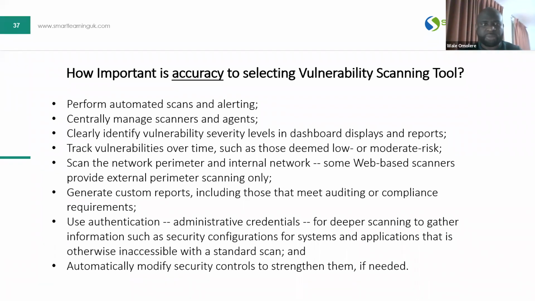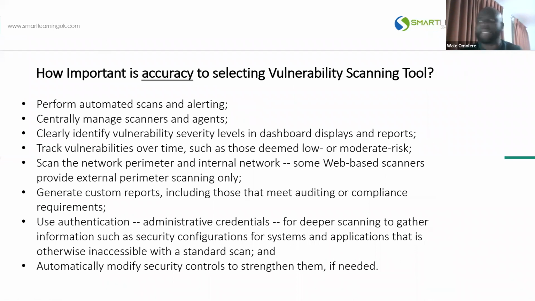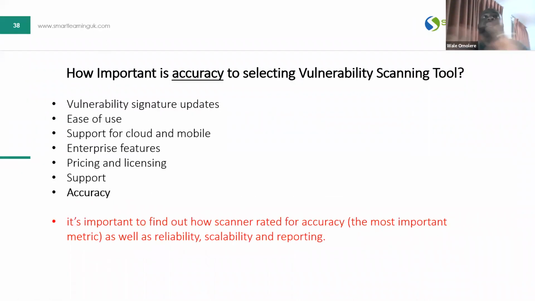Among all of these nice, fanciful things you're using to make a decision, vulnerability signature update, ease of use, support for client and mobile, enterprise features, pricing and licensing, support, among every other thing, because you can get into an interview, they know that all of these features are good, but they vary across organizations.